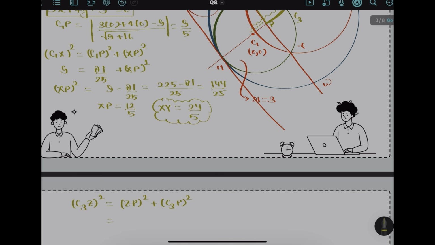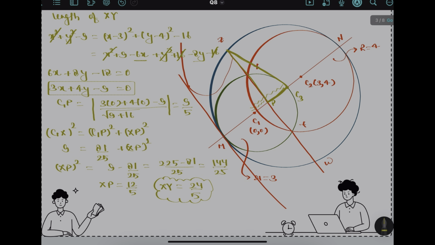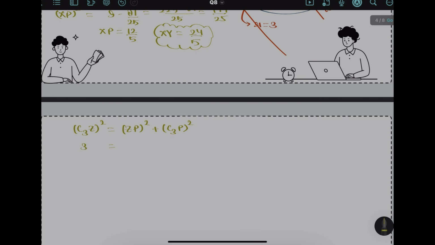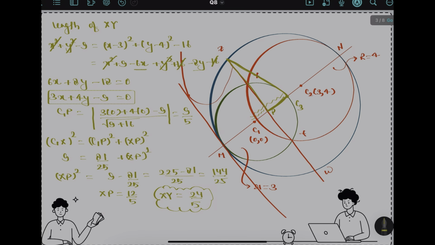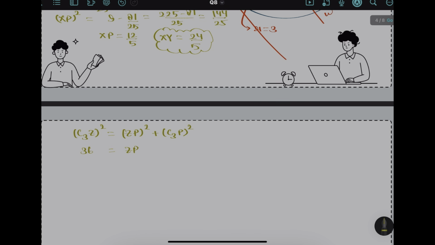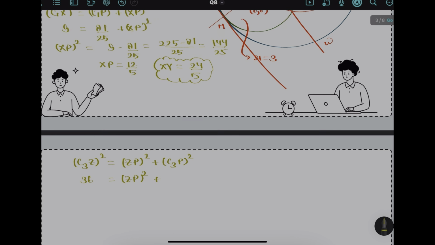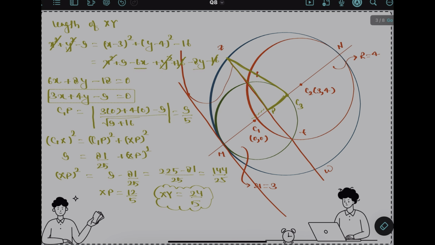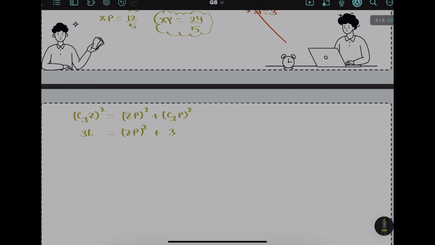Now you know that C3Z is the radius of the blue circle, and the radius of the blue circle is 6, so it is now 36. ZP we have to calculate, so you cannot do anything with this part. Now C3P, can I write this minus this? Because you know the distance between C1 and C3, and you know the distance between C1 and P. So can I write 3 minus 9 by 5, whole squared?